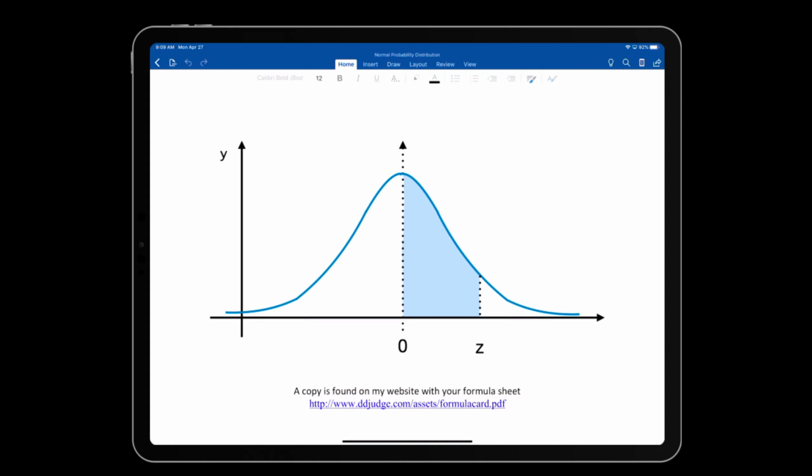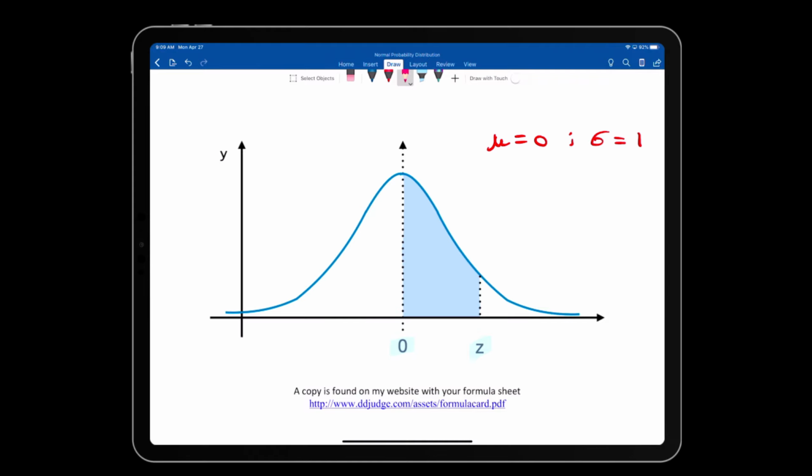So I have online, just to kind of talk about this, a normal distribution. It's called the standard normal. The mean is 0. Standard deviation is 1. So if you see here, you go, oh, the mean is 0. Yes. And then you say, but Mr. Judge, I see a Z value here, and you're right.